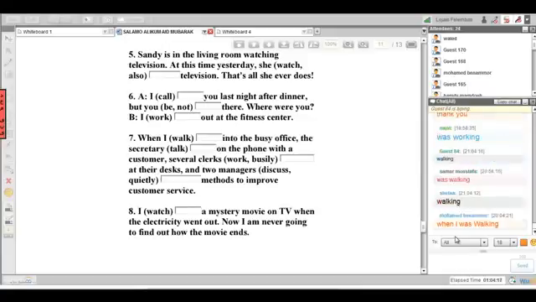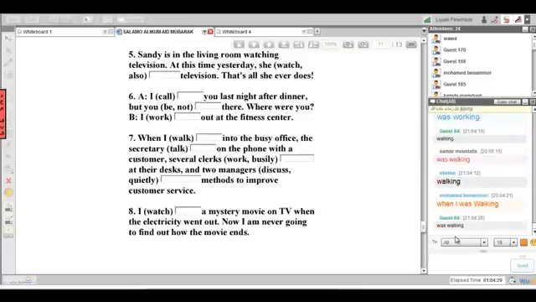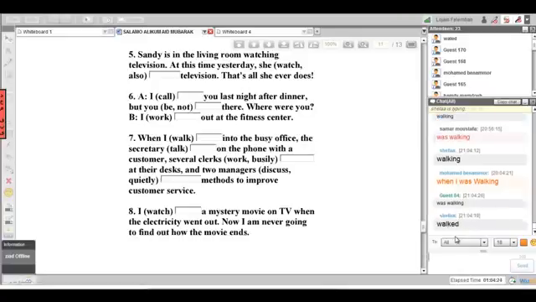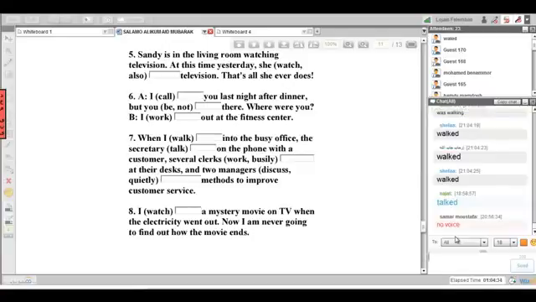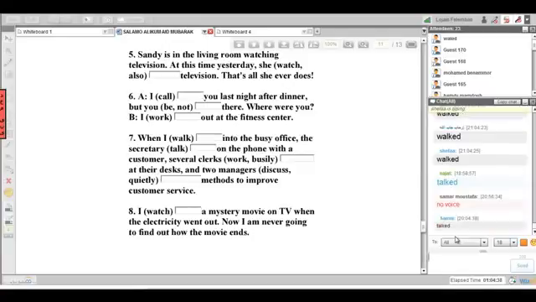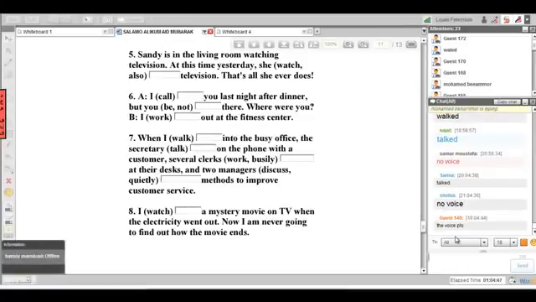Six. A. I call you last night after dinner, but you be not there. Where were you? I work out the fitness center. Okay, so I called. You were not there, not are, Najat.